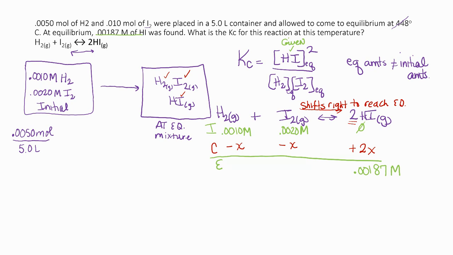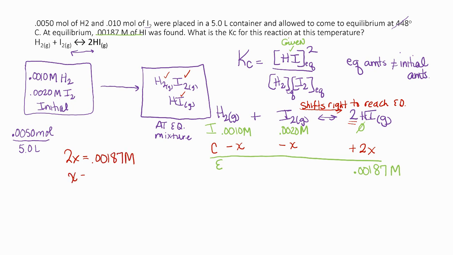And then now I have a starting point where I started HI at 0. 2x reacted to make 0.00187. So 2x, I'll write it over here, 2x equals 0.00187.